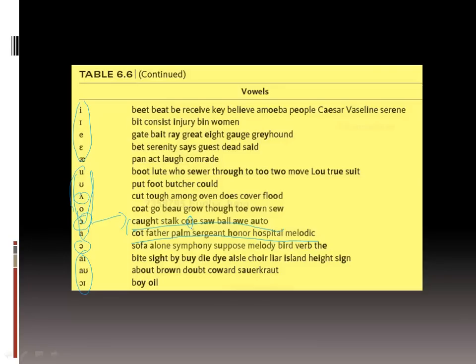You cannot say car. Saw, saw, ball, close to ball, I guess palm, sergeant, honor, hospital, melodic, auto. So these are about the same to many speakers, but some people do make a distinction.